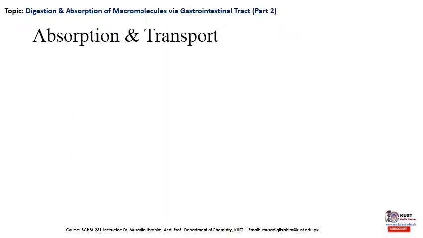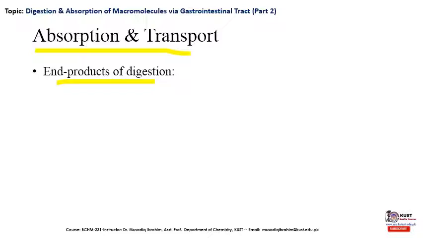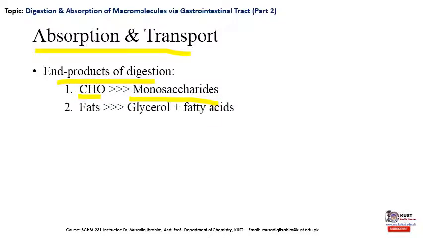Now moving towards absorption and transport. As a result of complete digestion of the food, the end products of digestion are as follows: carbohydrates, here abbreviated as CHO, are converted into monosaccharides. The fats are converted into glycerol plus fatty acids.